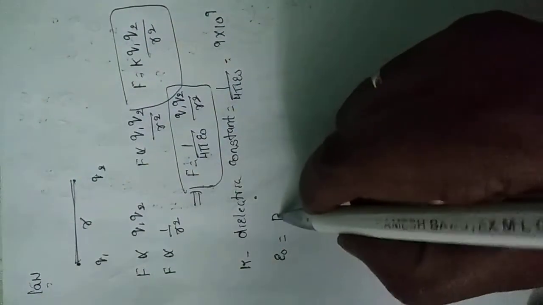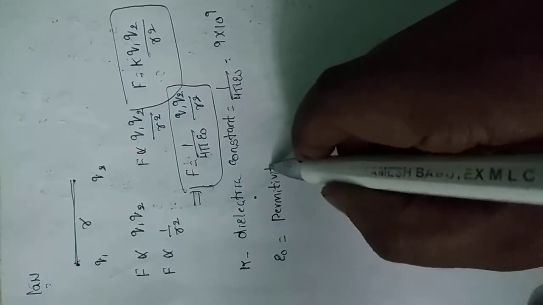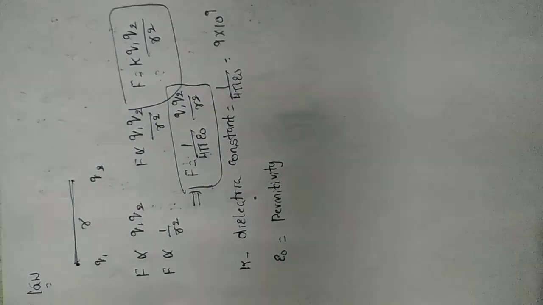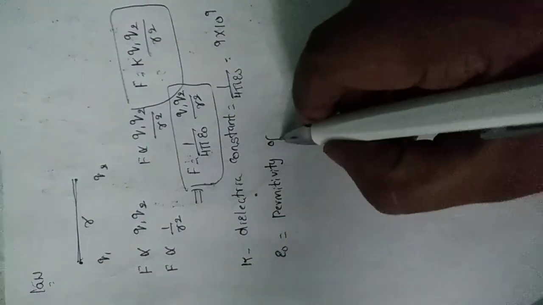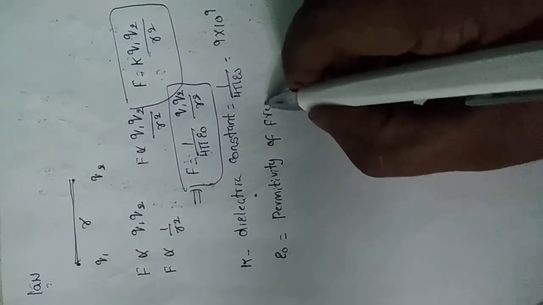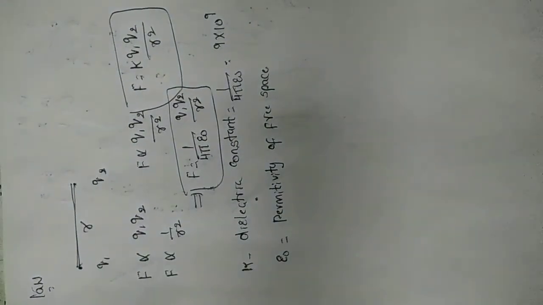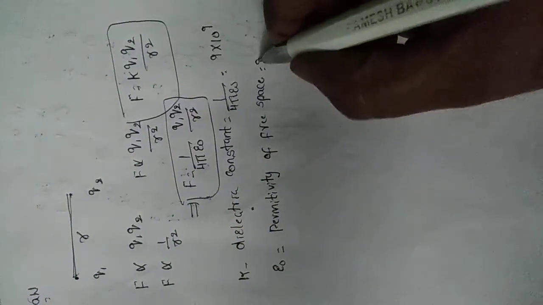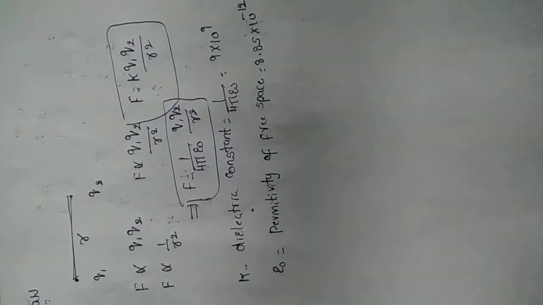What is epsilon naught? These two charges' force depends upon the medium they are present in, right? So that is given as the permittivity of free space. That value also is there: 8.85 into 10 raised to minus 12.